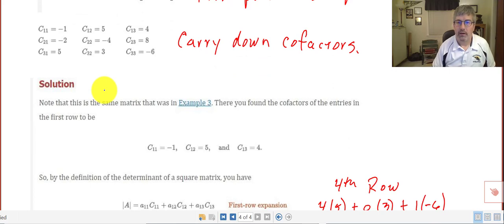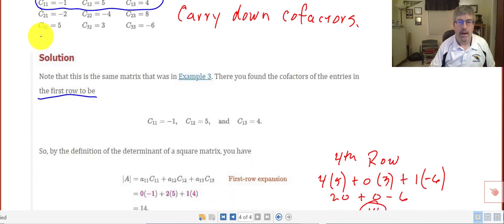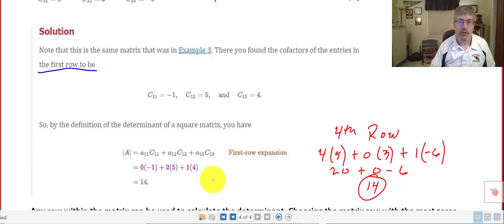We have chosen to use the entries in the first row. So we're going to grab our cofactors from the first row, multiply them by our entries of our matrix from the first row, and calculate the determinant.